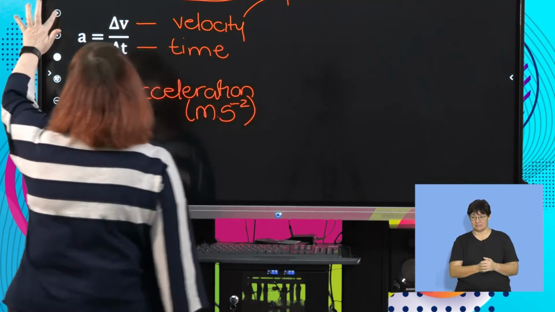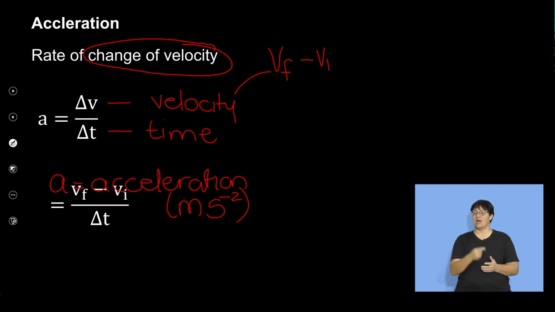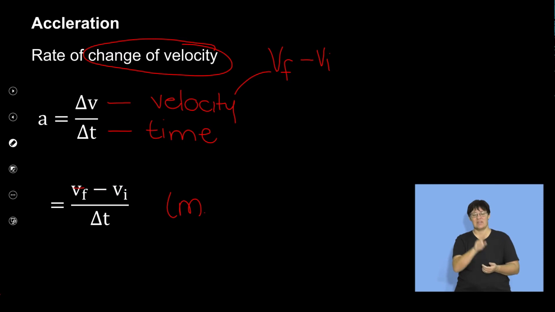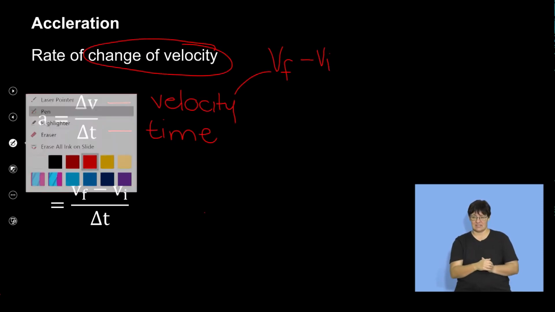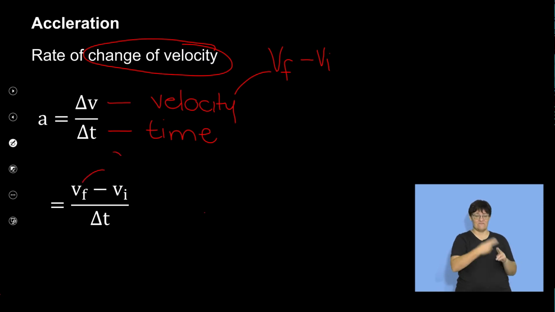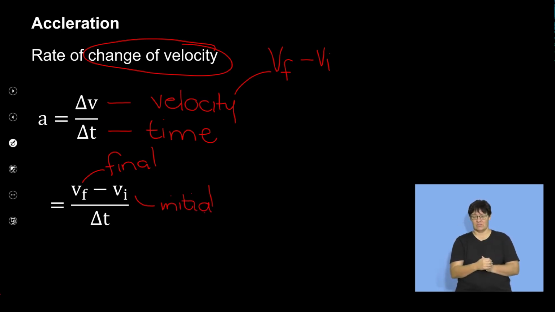Direction's fun. So here we go, VF minus VI. What I mean by that, final velocity, initial velocity. So I need to know two velocities, okay?